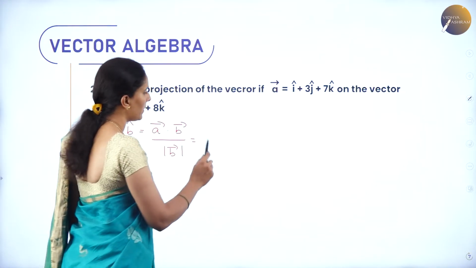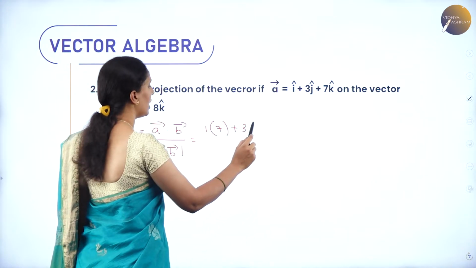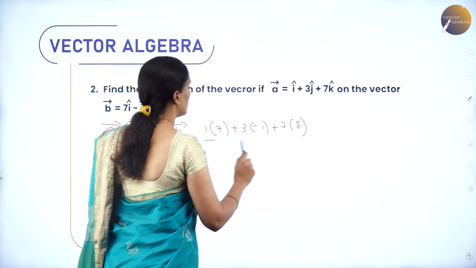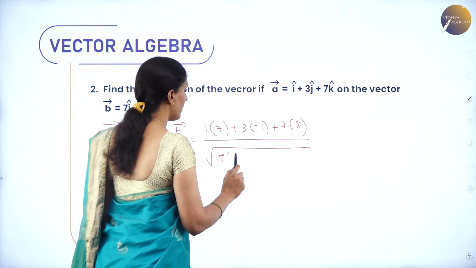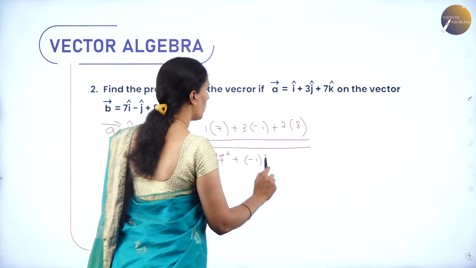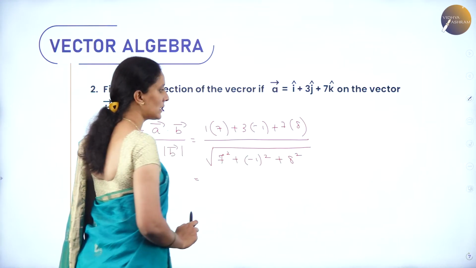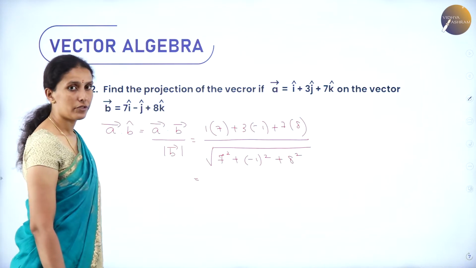Now, what is A dot B? So, 1 into 7 and here plus 3 into minus 1 plus 7 into 8. So, now the magnitude of B is square root of 7 square plus minus 1 whole square plus 8 square. So, 7 minus 3 becomes 4, 7 8s are 56.